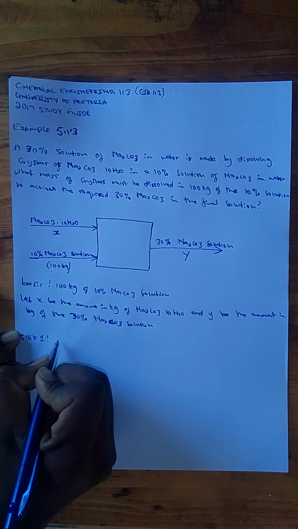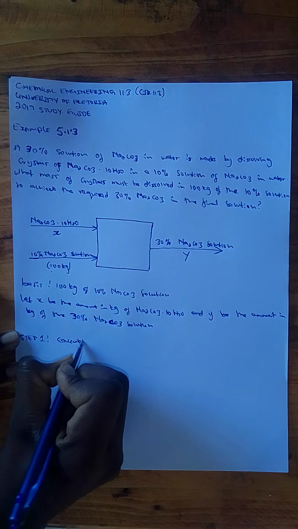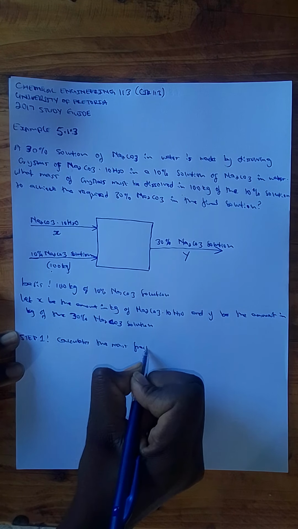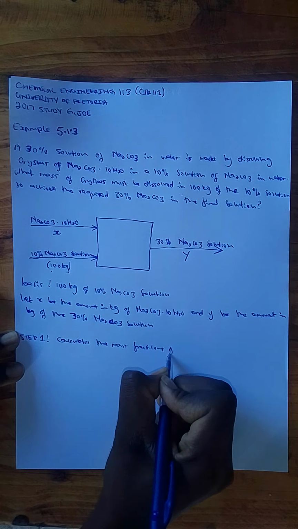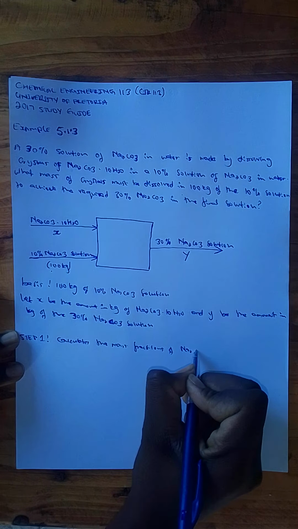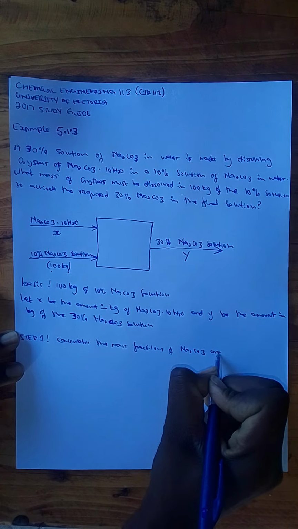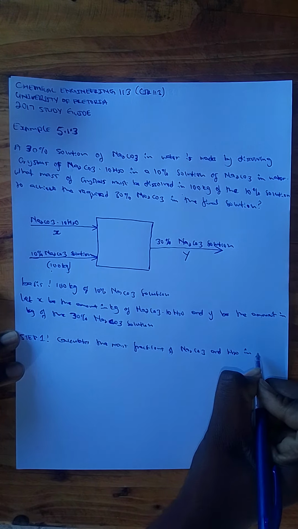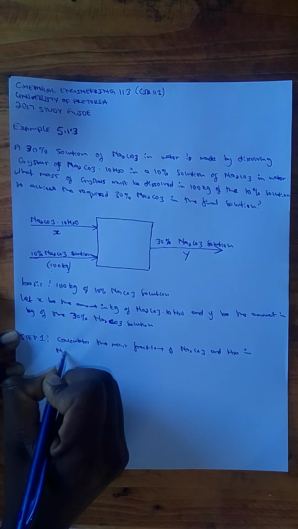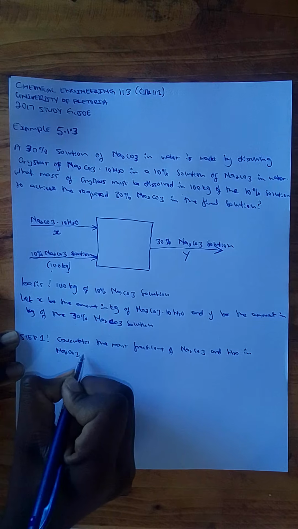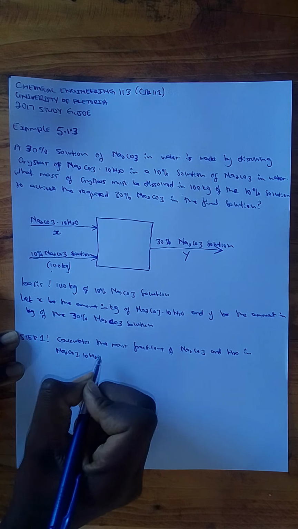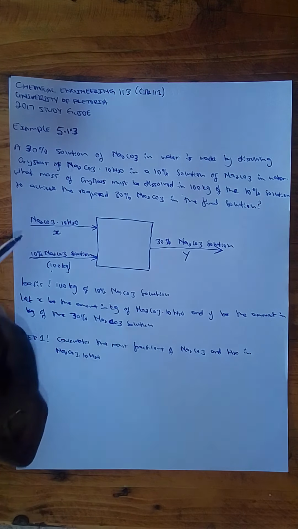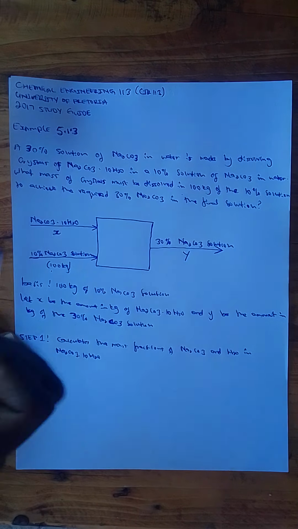So we say calculate the mass fractions of Na2CO3 and H2O in Na2CO3·10H2O. That's going to be our first step. We need the mass fraction there. We don't know how much it is, but we actually can calculate the mass fractions.